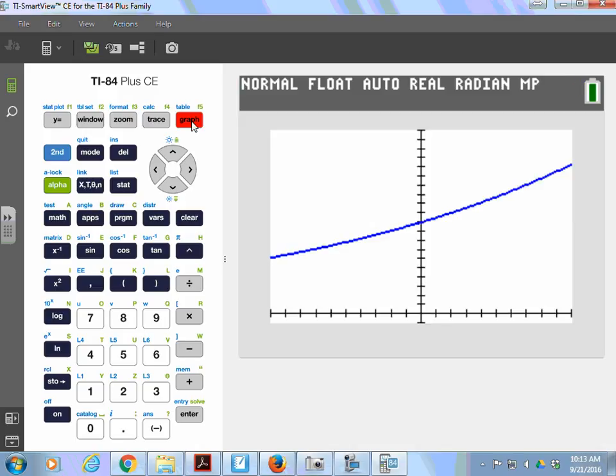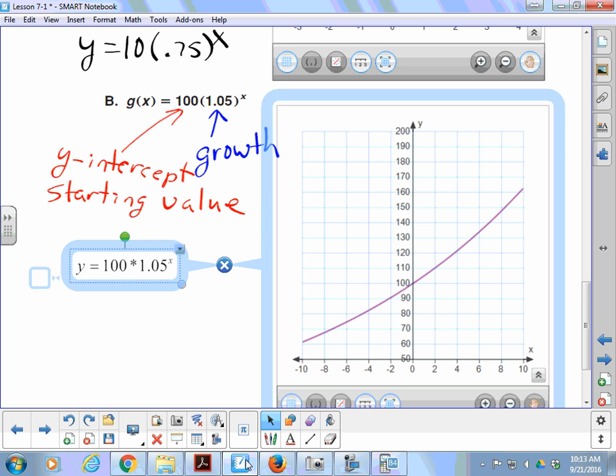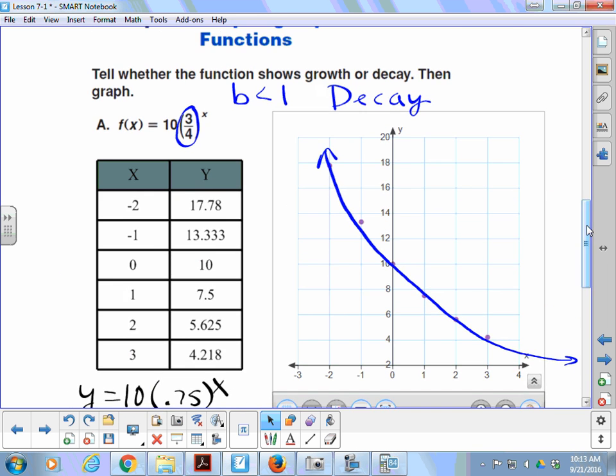Okay, so we can see the graph is growing, it's getting bigger. But with 1.05, we only have a 5% growth rate, so it's not getting bigger real fast. And with this one here, our decay rate is 25% or 1/4.